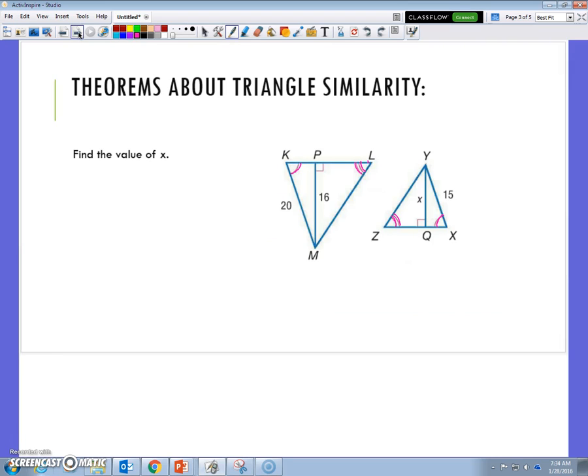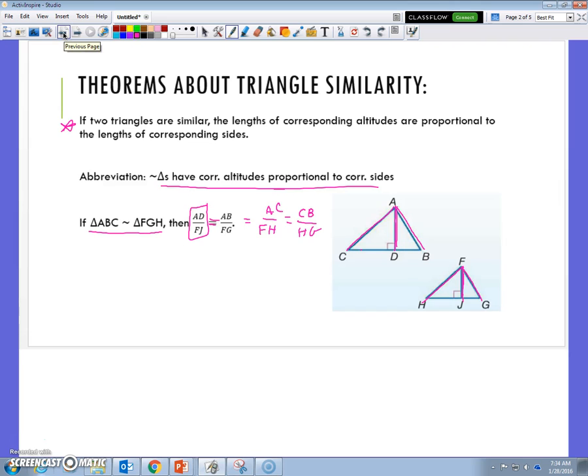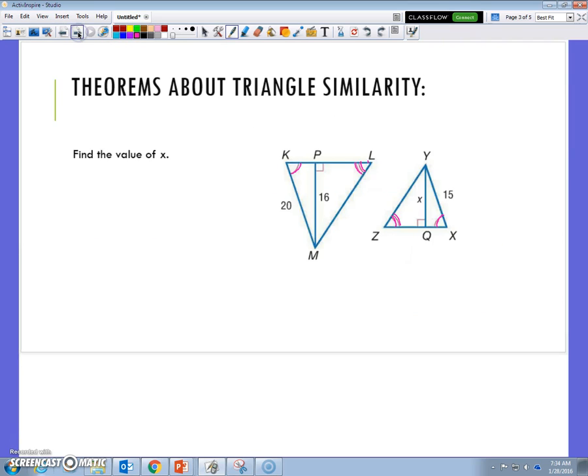In this case, my unknown is the x value. We might be able to find the x value using the Pythagorean theorem if there were more information, because we are dealing with right triangles. But in this case, they're not giving us enough information to find it using anything besides this theorem: similar triangles have corresponding altitudes proportional to corresponding sides.